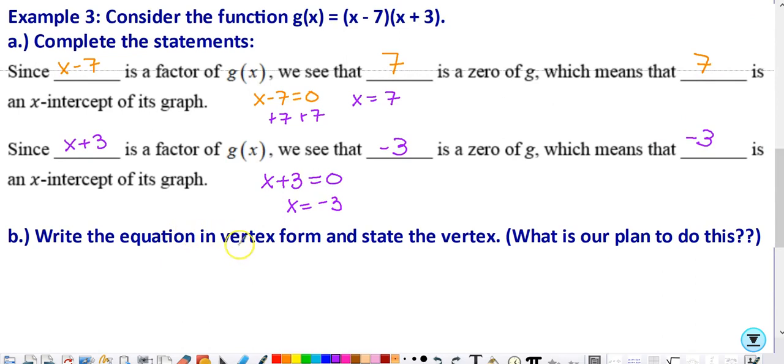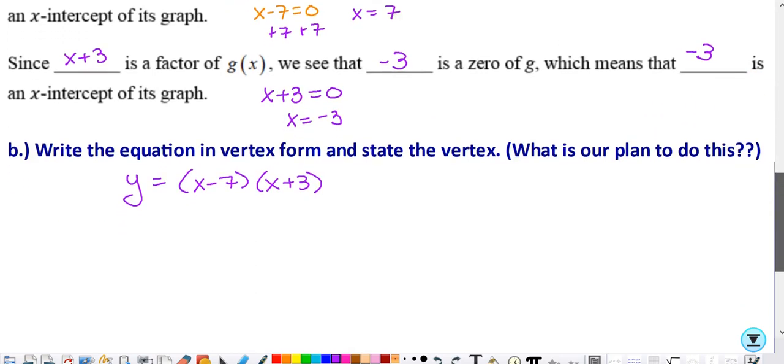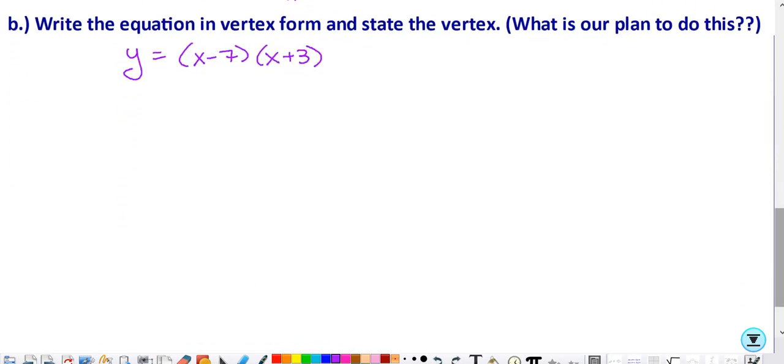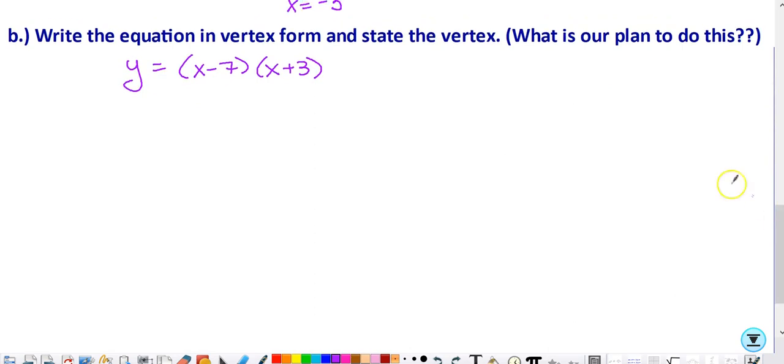Write the equation in vertex form. What is our plan to do this? Then state the vertex. Pause the video and think, what is our plan? How am I going to go from factored form to vertex form?